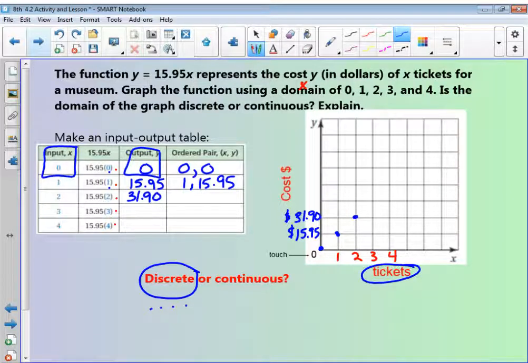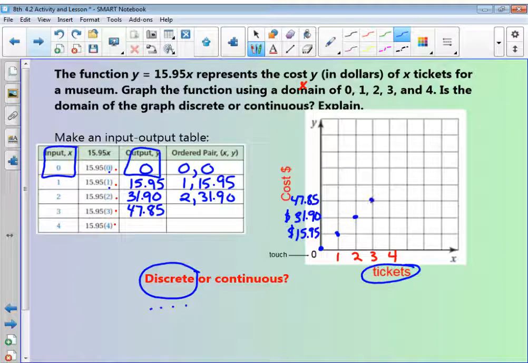Okay, so 3 tickets is going to cost me $47.85. So I'm taking 3 times the $15.95. Okay, so I'm going to go over to 3, and then this next box I'll mark as $47.85.